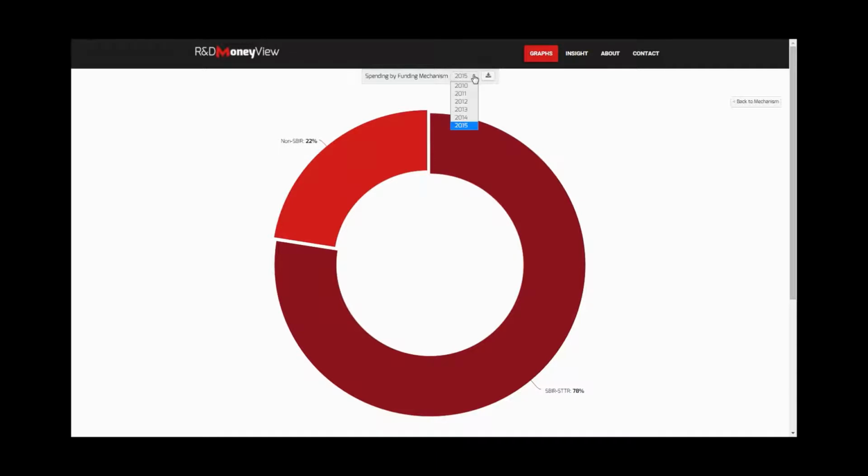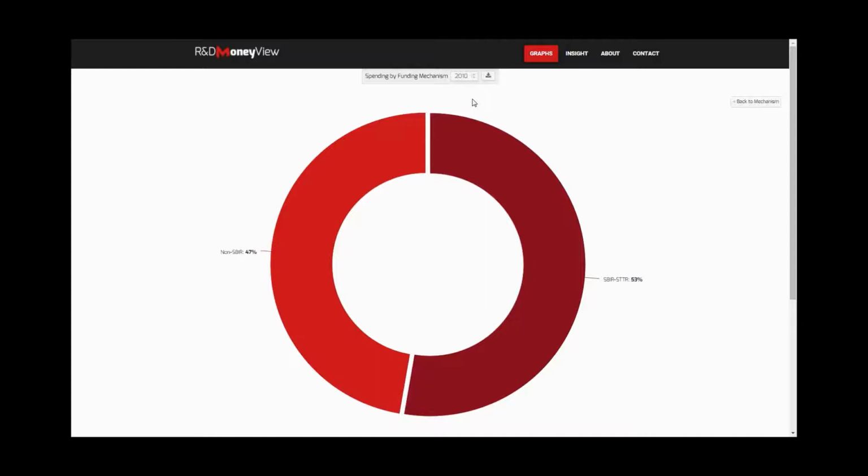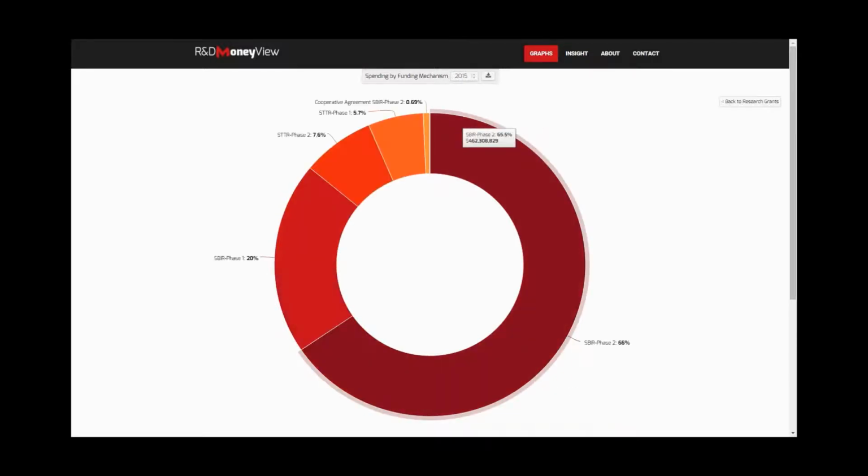By the way, if we look at the history, first of all, in 2010, you can see that the relevant proportion of the SBIR and STTR was not as substantial as it is now. You can see 2012, and this is 2015 again. If we zoom in on the SBIR and STTR program, you can see that the majority of the funds, $462 million, were awarded through the SBIR Phase 2 program.